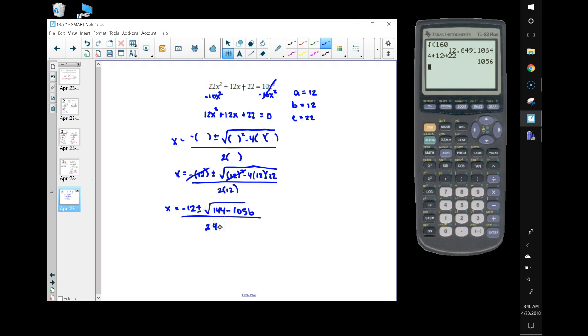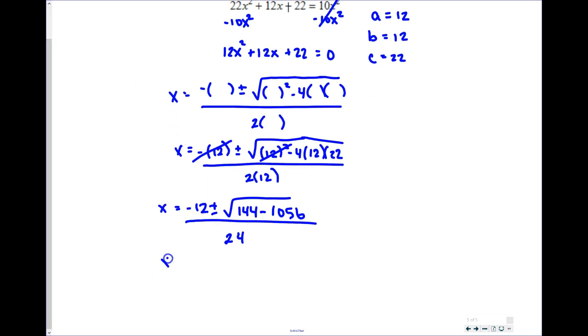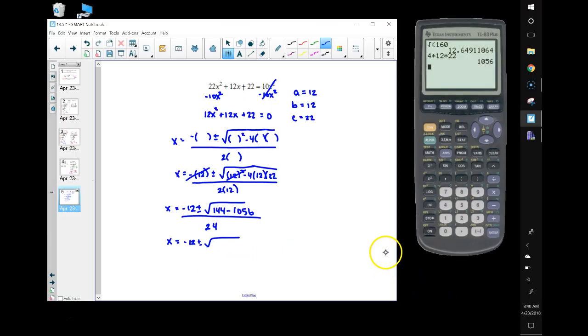Now, before I go any further, I want to notice something here. Actually, we'll notice it here. When I go ahead and do 144 minus 1056, sorry, let's go back to the calculator. So here's what I'm looking at. I'm looking at this 144 minus 1056. So 144 minus 1056 gives me negative 912.